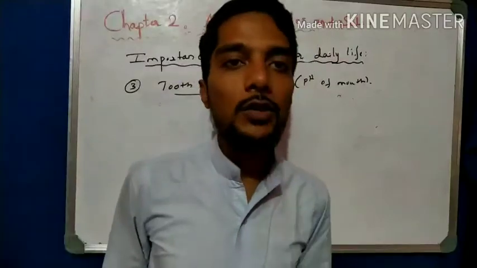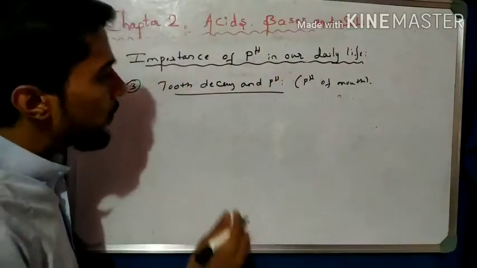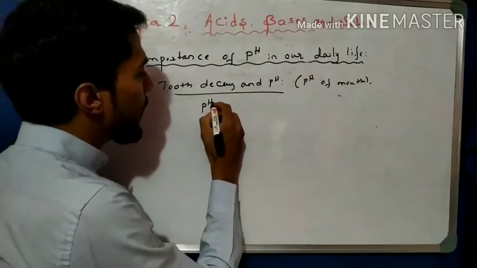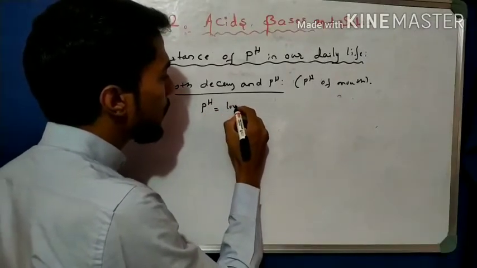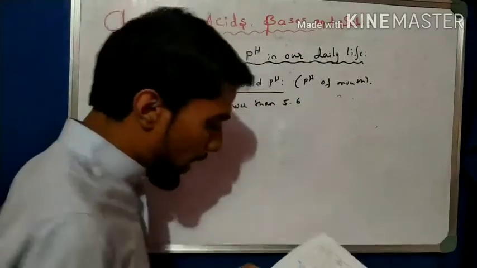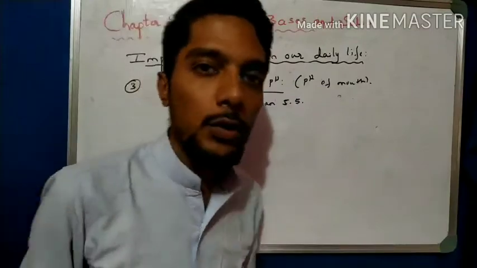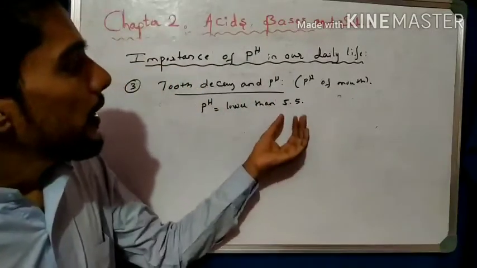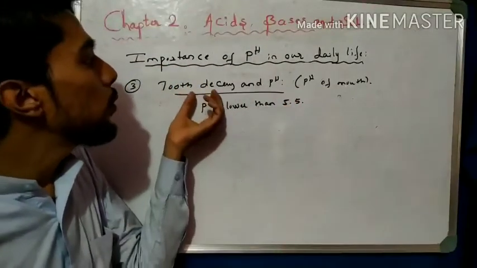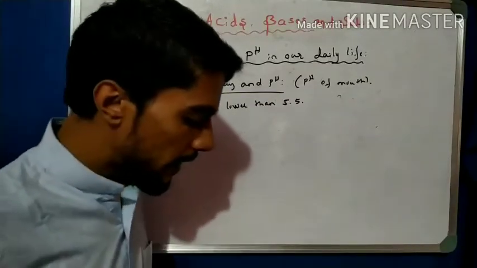The mouth also maintains a certain range of pH value. If the pH of our mouth is lower than 5.5, then tooth decay takes place.